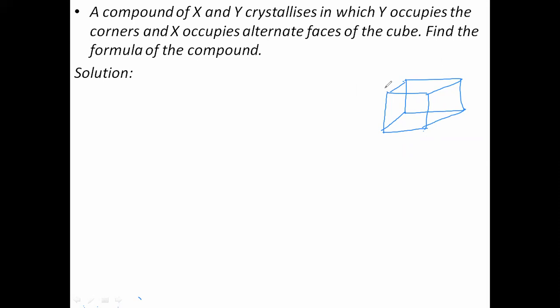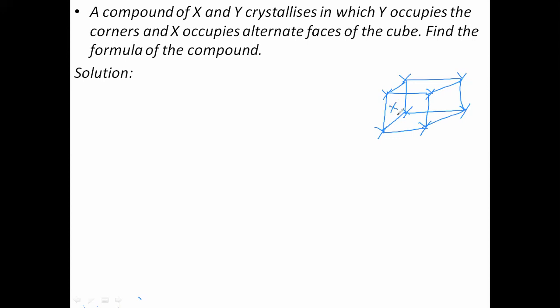The Y is present in the corners. So that is what they have told us. Now the next thing is, where is X? Now this you have to understand. X occupies alternate faces of the cube. So alternate, basically opposite.